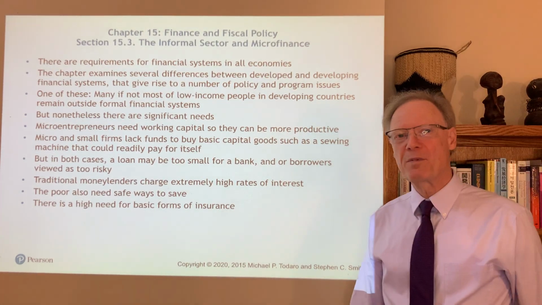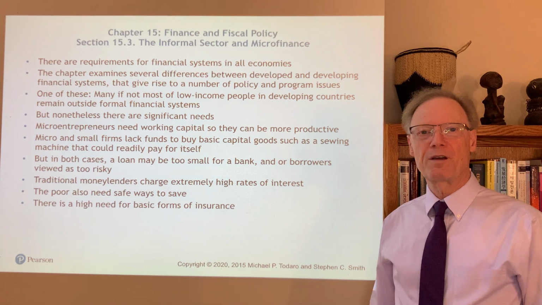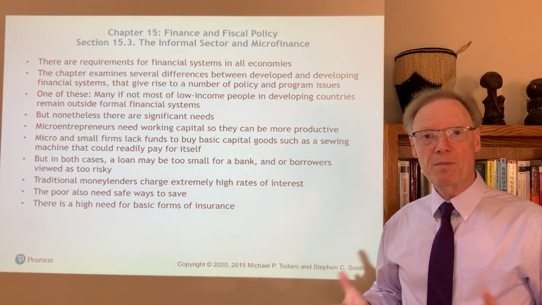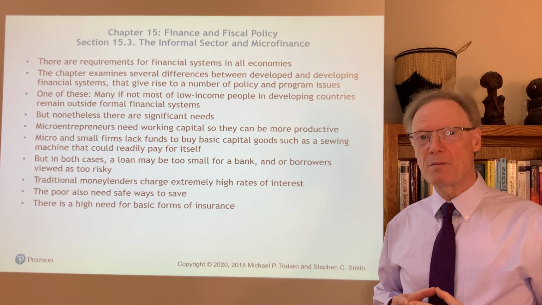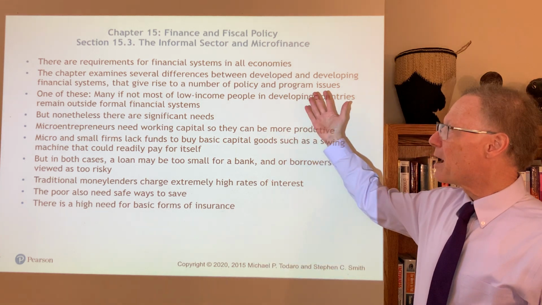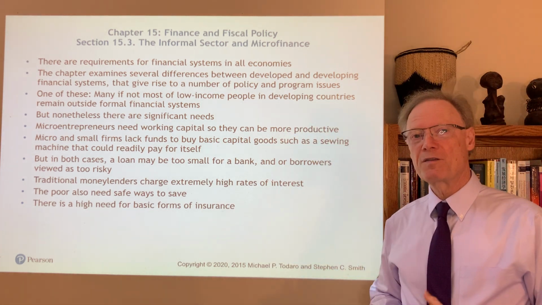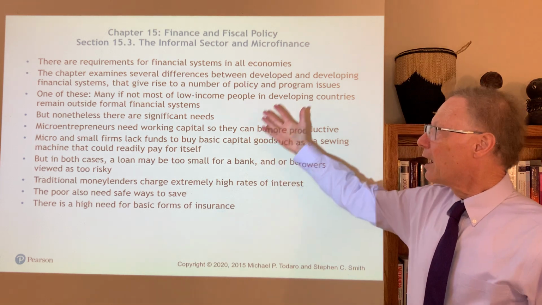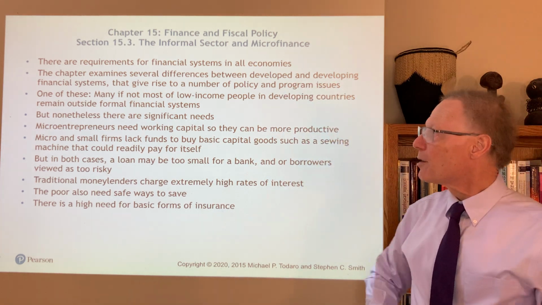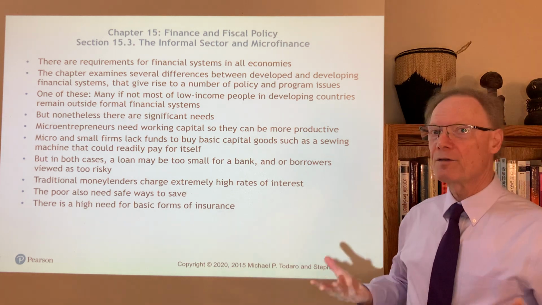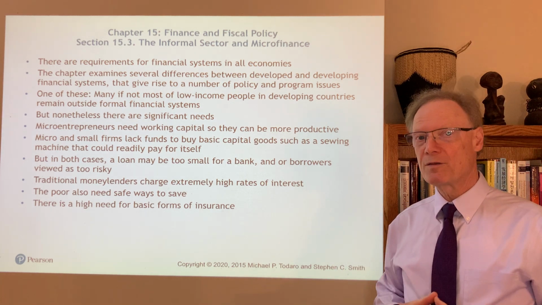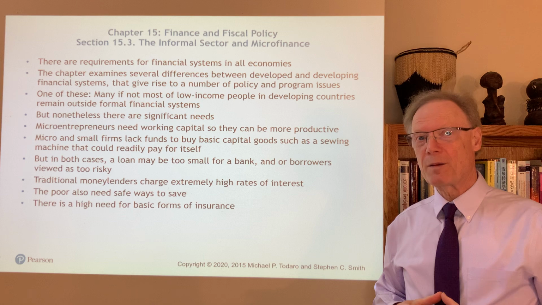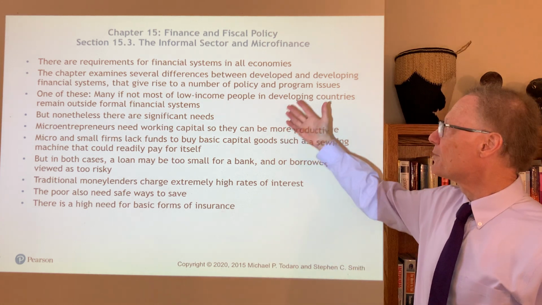Hello. In this episode, we examine some features of informal finance and begin our examination of microfinance. In background, Chapter 15 considers finance and fiscal policy in a broad way and finds early on that there are requirements for financial systems in all economies, from the lowest income, least developed country to high income, developed countries.